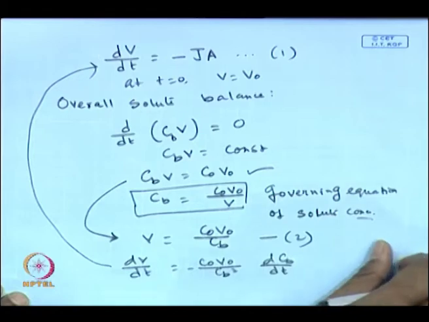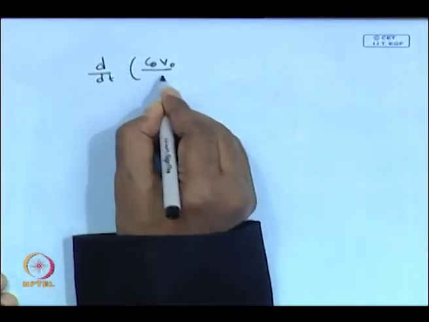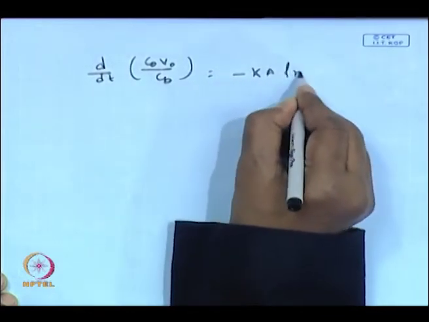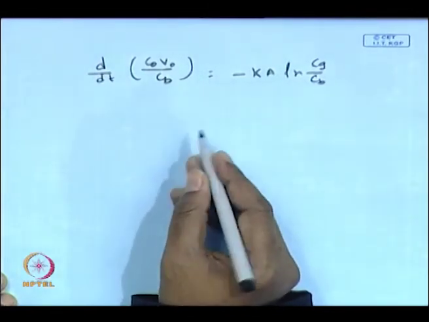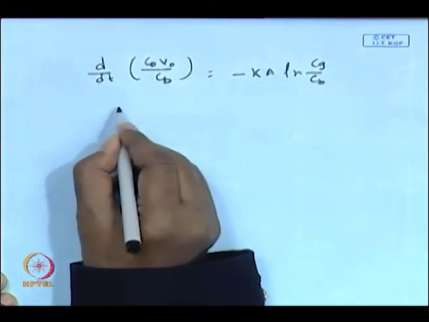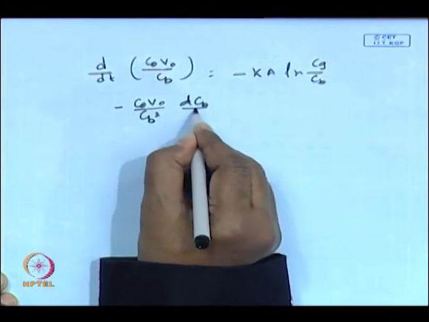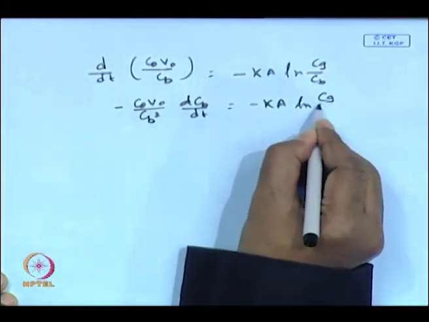If you do that, you will be getting d dt of C naught V naught divided by Cb is equal to minus Ka ln Cg by Cb. Okay. And just get the derivative of that, we have already done, minus C naught V naught by Cb square dCb dt will be minus Ka ln Cg by Cb.